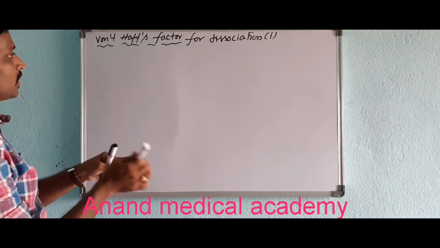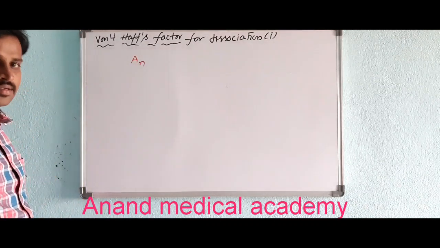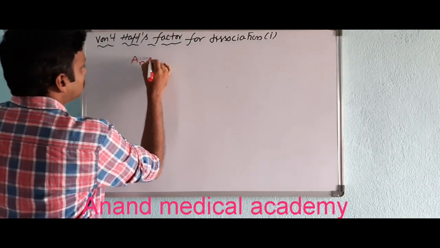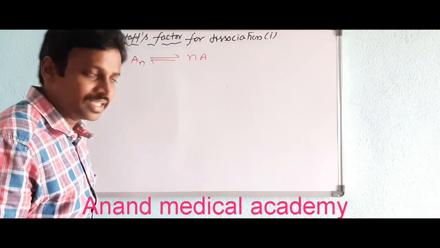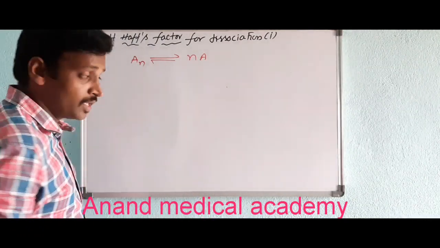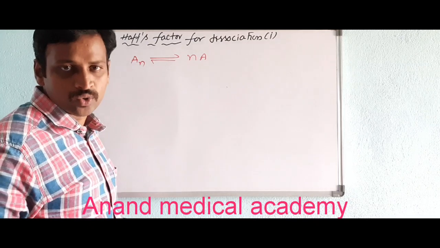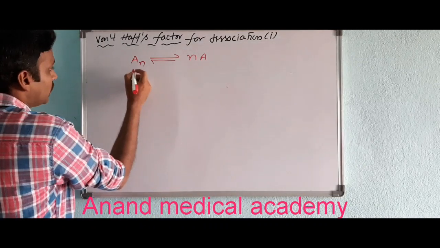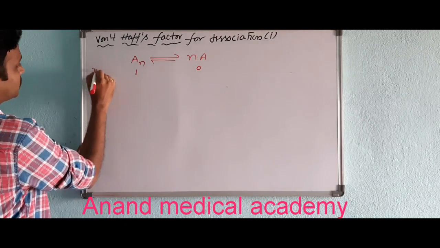Suppose you have some salt AN present in a particular solvent, converting into N moles of A. It is non-ideal, so it is not dissociating 100%, and we have to use the degree of dissociation. Alpha equal to 100% means it is 100% dissociated. So initially you have 1 mole, and here 0 moles. This is initial.